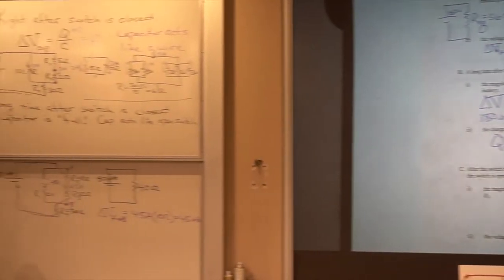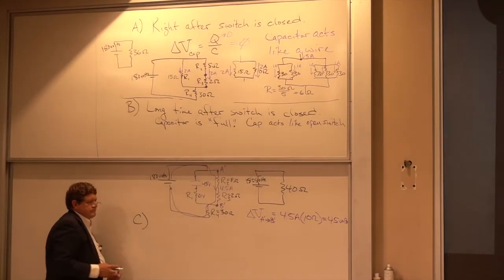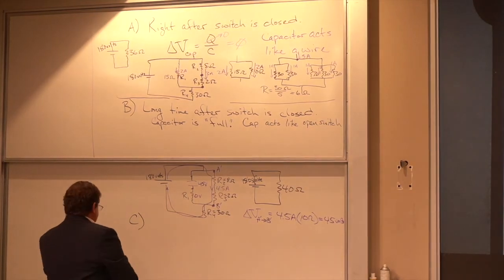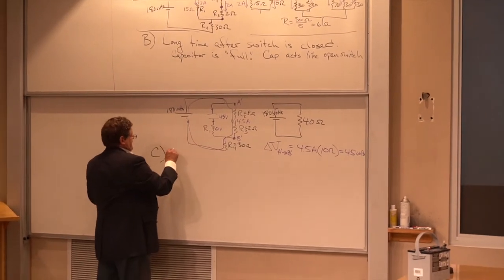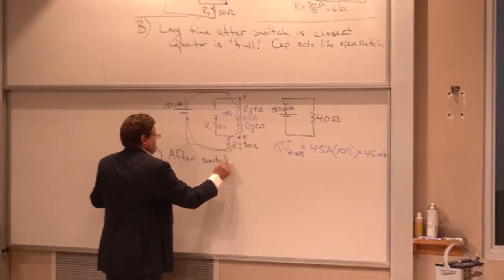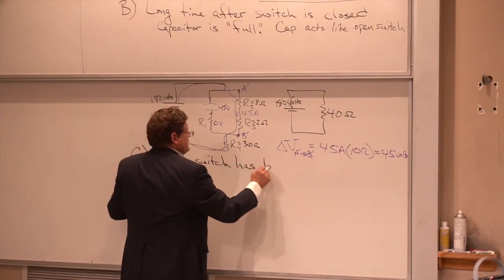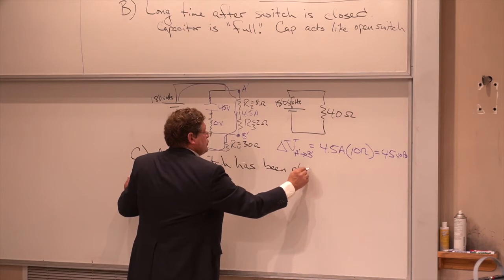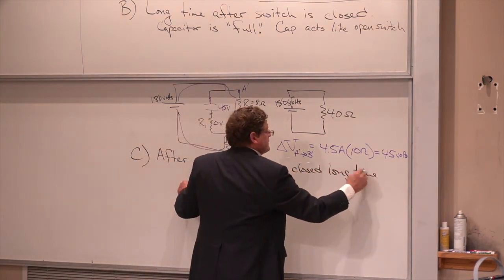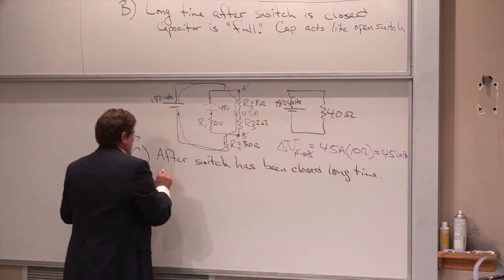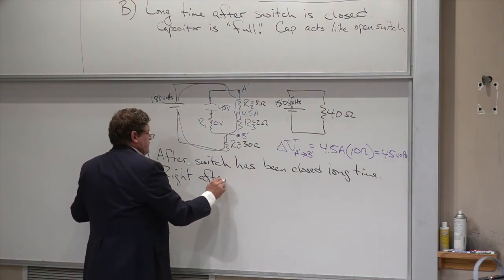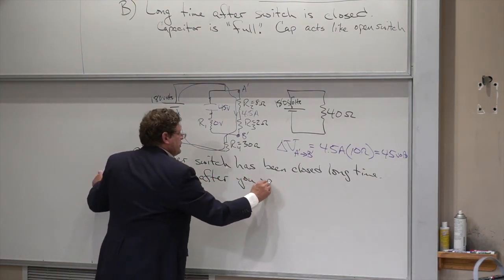There was an A, a B, and a C. The last time that we can talk about is right after you open the switch, after it has been closed a long time.